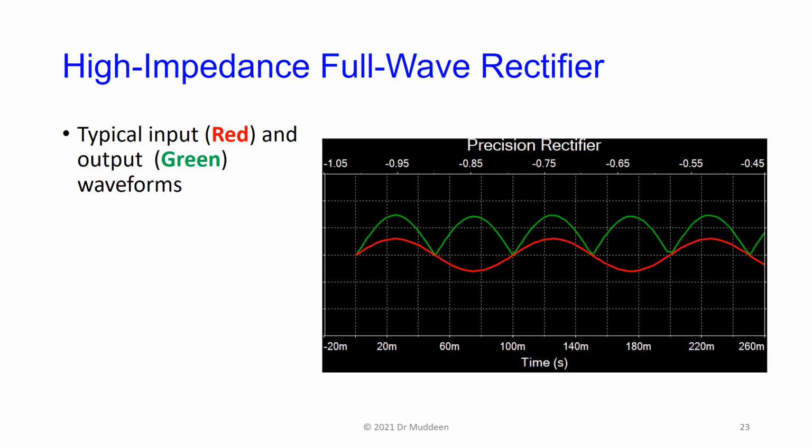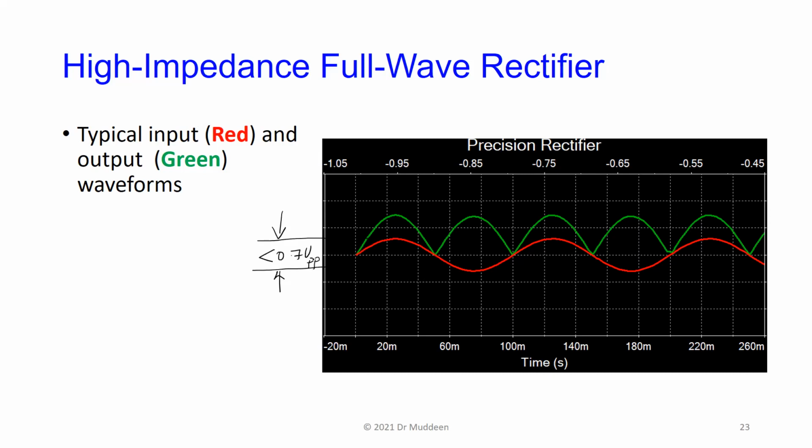The red one, of course, being the input, the sinusoidal input to be rectified coming in, and the output now, of course, is the green line. They're on different axes here, so you can't see if there's a gain or not. But typically, this sort of peak-to-peak amplitude here, remember, it's a precision rectifier, so this thing can be less than 0.7 volts peak-to-peak.